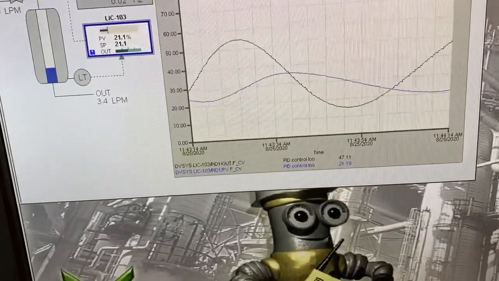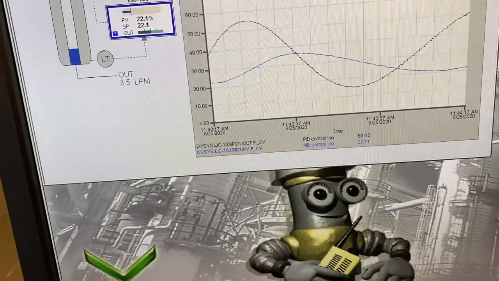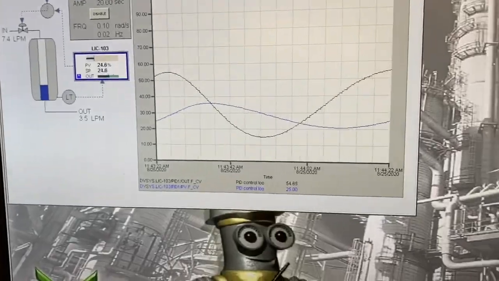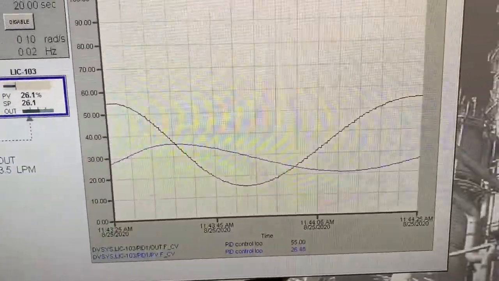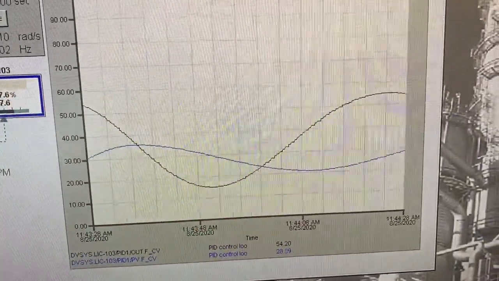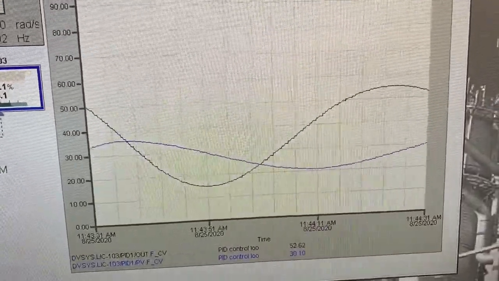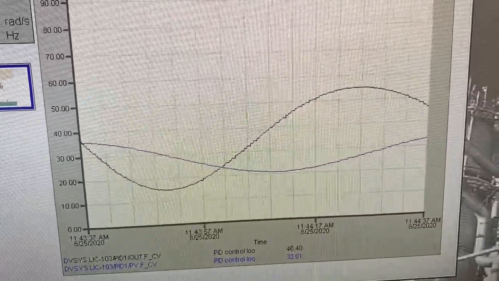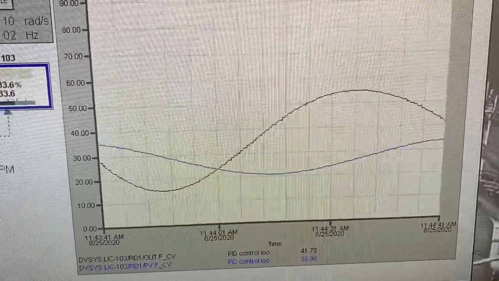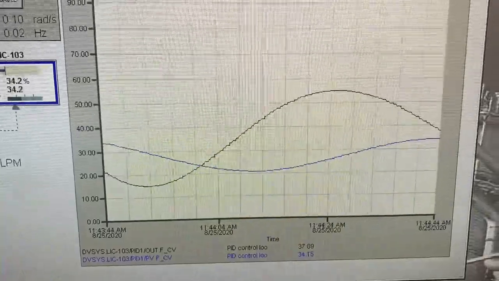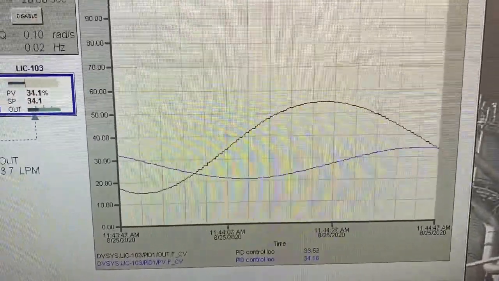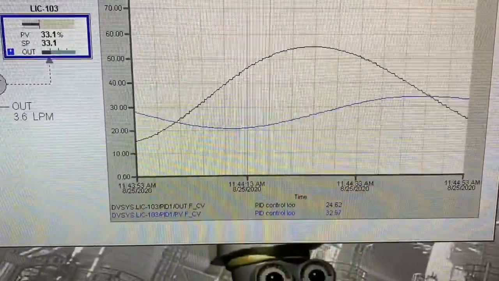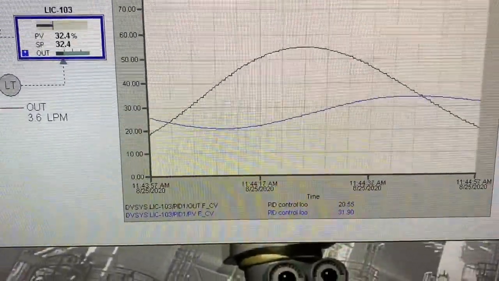So it looks like 20.86 for our lower value. And then we're going to climb back up here. We need to record the top value, so we get a peak to peak value for this. And there we hit it. We were about 33.